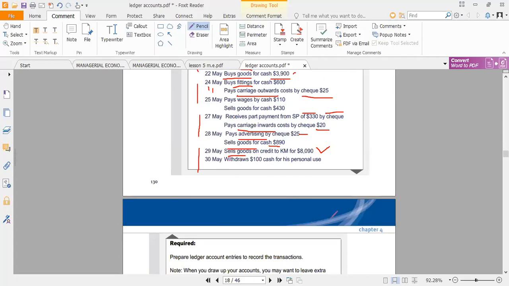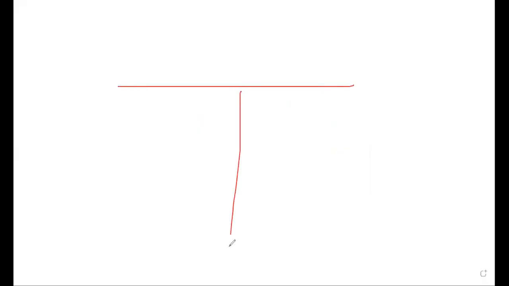So what's the illustration when you put the creditors together? You put the company name. When you're putting them together, you can just open a T account here. The title on top will be creditors.